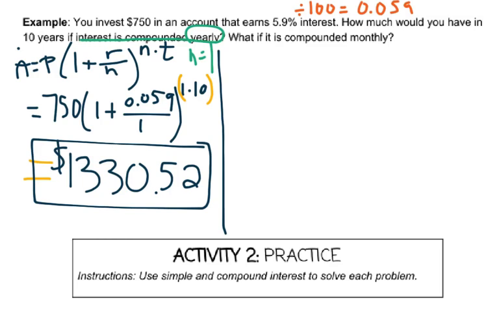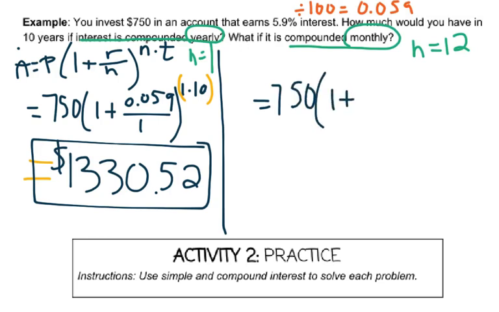The second part is, what if it's compounded monthly? Well, how many months are in a year? There are 12 months in a year, and so that means n is going to be 12 for the second one. So we have the same formula, 750 times 1 plus same interest rate, but now we have to divide by 12, and then we have to put 12 times 10 in our exponent.